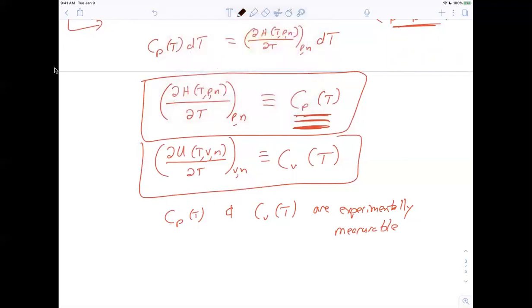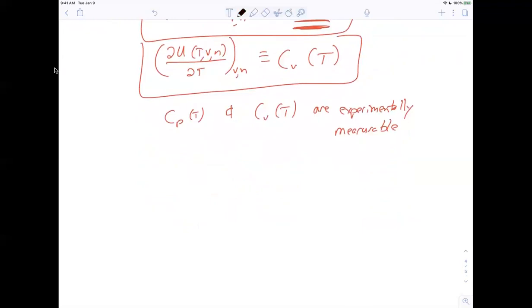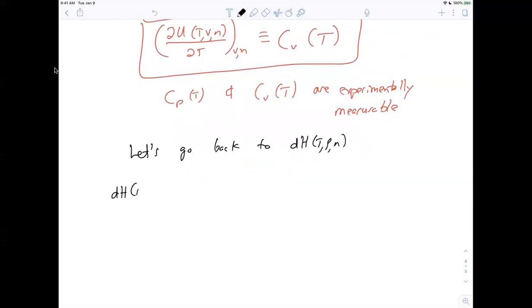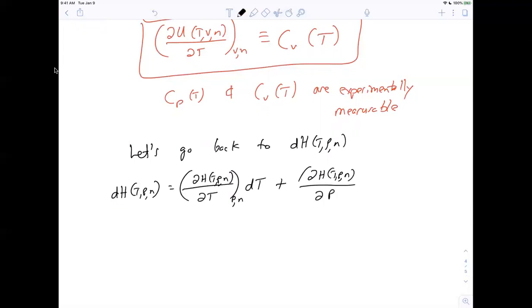But let's go back to the total differential of H, just as we did for dU. We saw that dH, the total differential, is the partial of H with respect to T at constant pressure and N times dT, plus the partial of H with respect to pressure at T and N times dP.